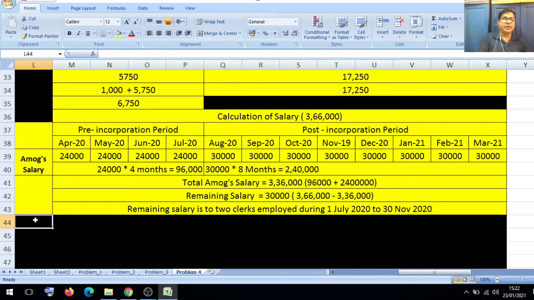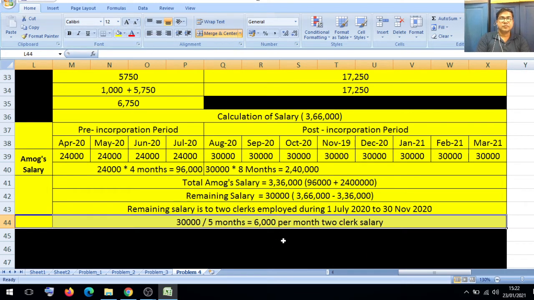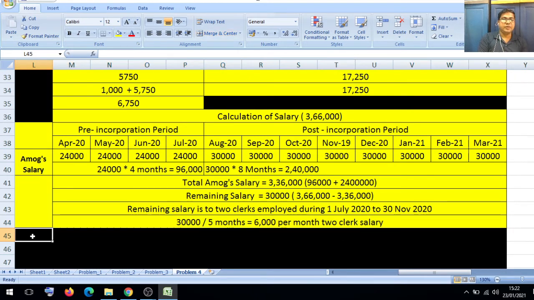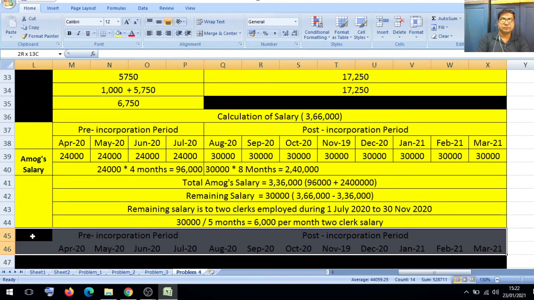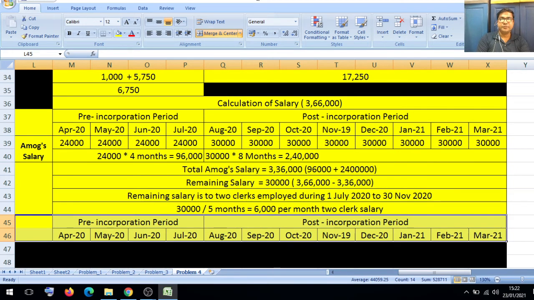This 30,000 covers July to November: July, August, September, October, November. That is 5 months, so 30,000 divided by 5 is 6,000 per month for the clerks' salary. So we will write again pre-period and post-period.